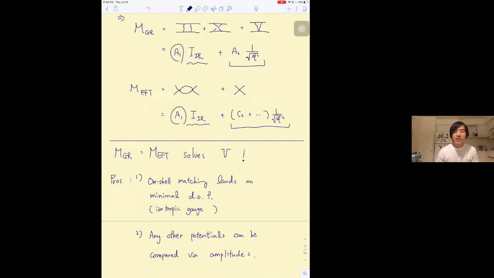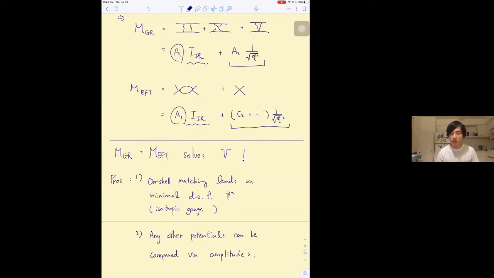There are two advantages to this matching approach. The first is that because we're using on-shell physics, we stand on the minimal degrees of freedom. The potential is still a single-parameter function, depending on p squared. The second is that normally in GR, different people can choose different gauges, and the potential is not well defined. In order to relate different potentials, you have to do a so-called canonical transformation.